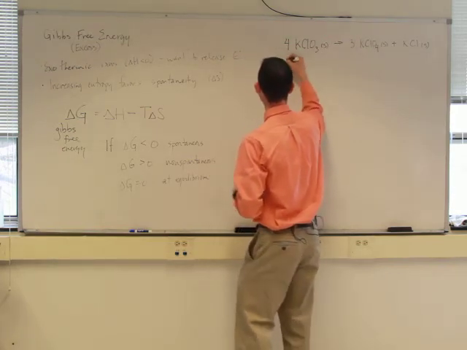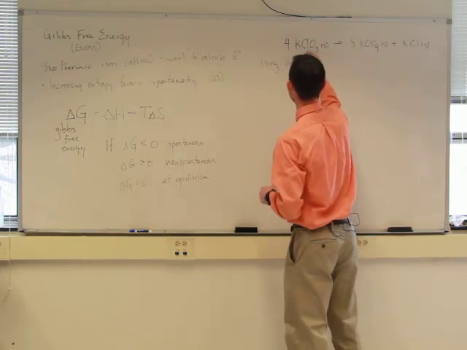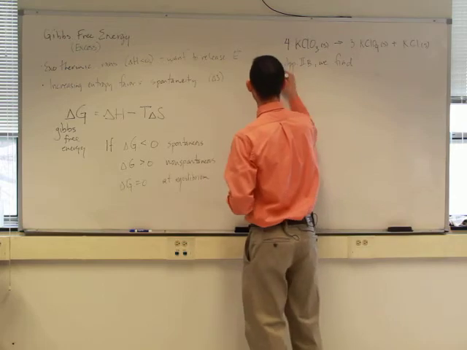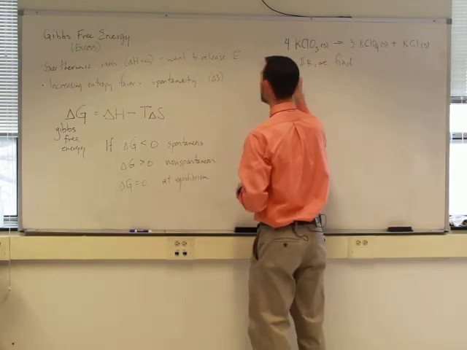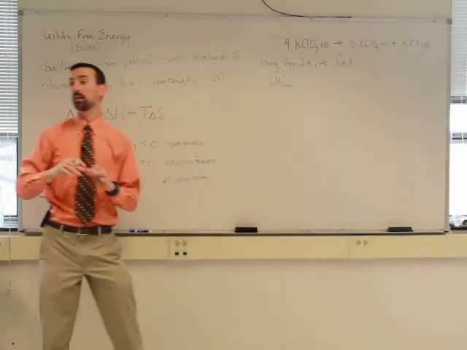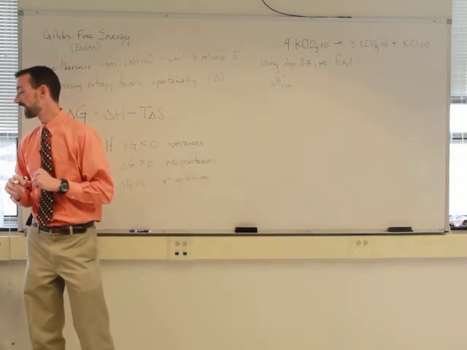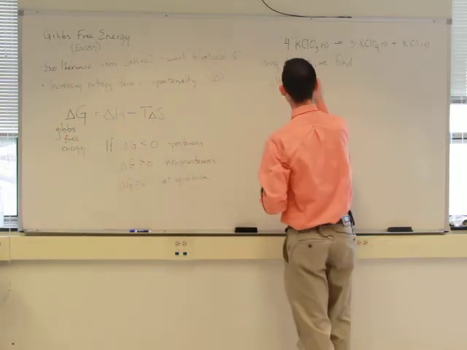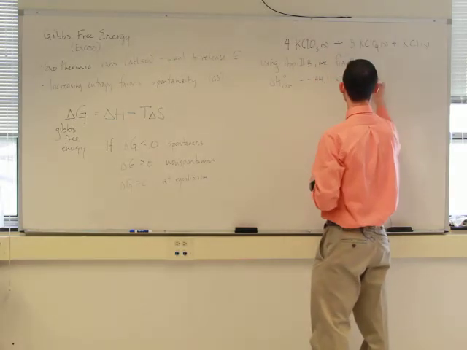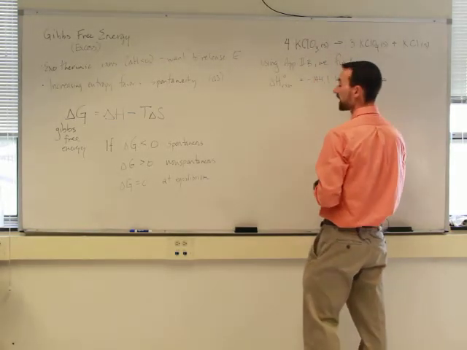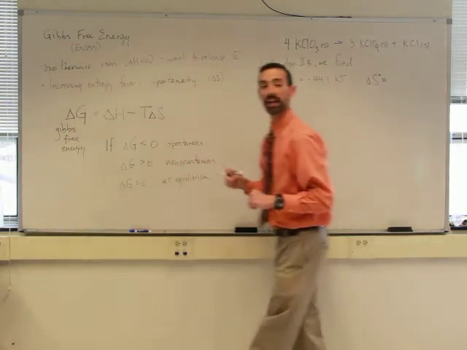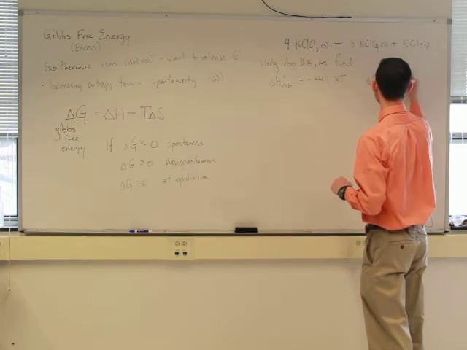I'll save us the time, but using Appendix 2b, we find that delta H for this reaction from the Hess's law formula, okay, adding up the product values minus the reactant values, is negative 144.1 kilojoules. And delta S for this reaction is negative 36.8 joules per Kelvin.